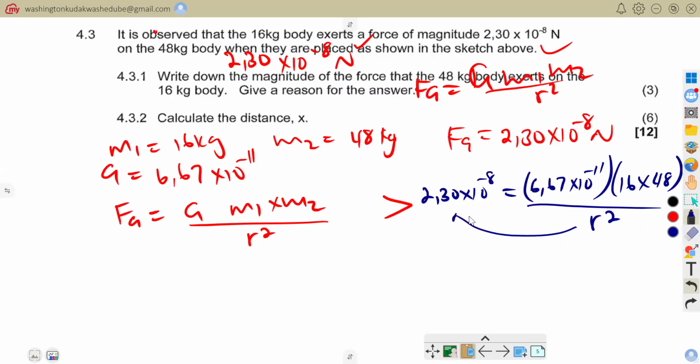So we now need to make R squared the subject. We can take R squared to that side and also take this one to the other side. We are interchanging.